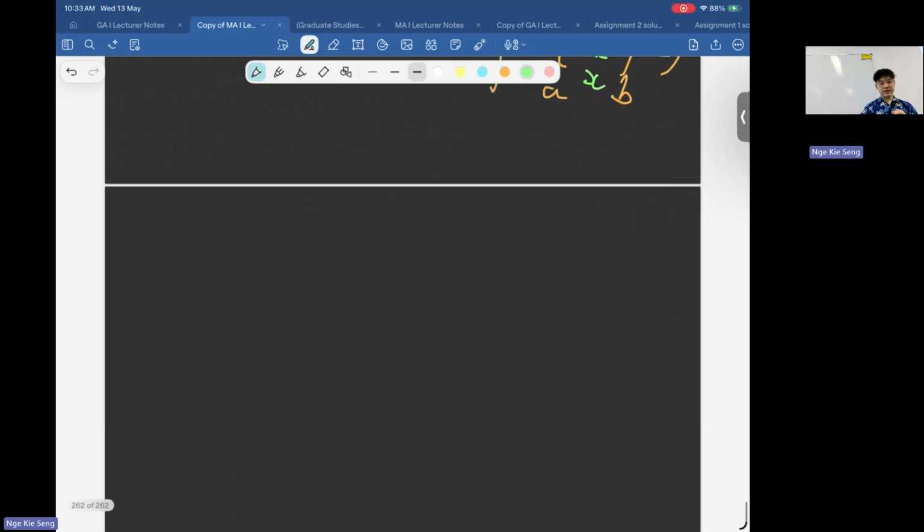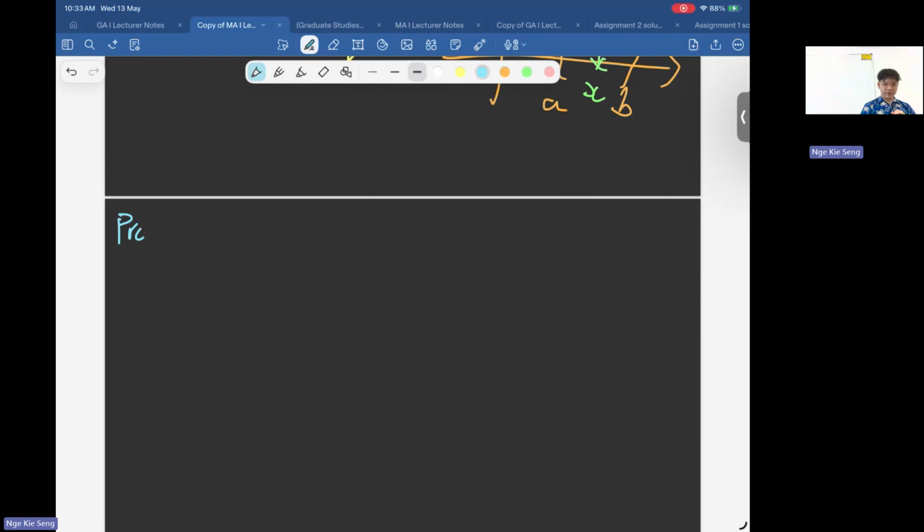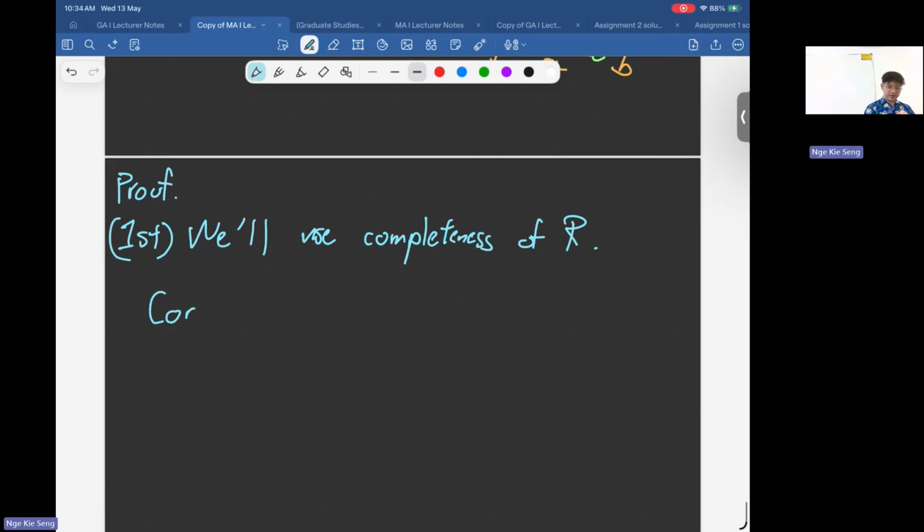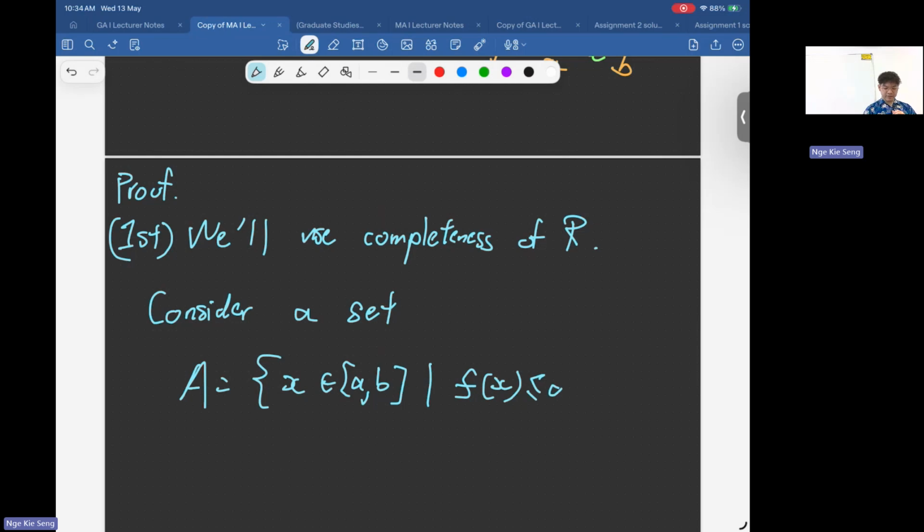Okay, there are two proofs actually, in my notes. I'll present a proof using completeness of R. Use completeness. In that case, we need to have a bounded above set. So what's the set we want to look for? Let's consider this set here: you look at all the points in [a,b] such that f(x) is less than or equal to q.